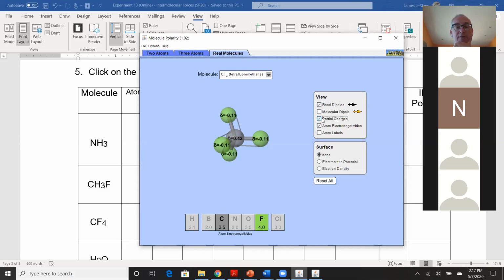Each one of the fluorines has a small partial charge, like 0.11, hardly anything. And the carbon in the middle has a partial positive charge of 0.42. So you can see again, when we add them all together, you get zero because it's a molecule without a charge.